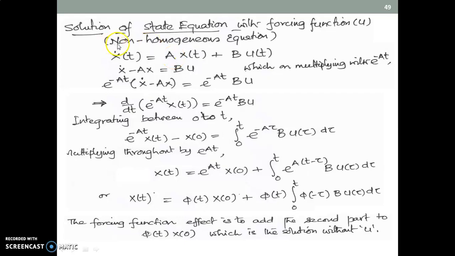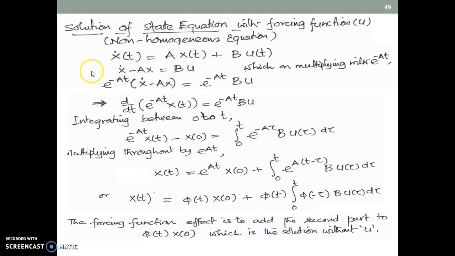Now we are taking directly the non-homogeneous equation. So if you are finding that one, it is a mixing of both, right? So the first term you will get is the 0 input response and then the 0 state response. The 0 input response is nothing but the homogeneous equation solution.